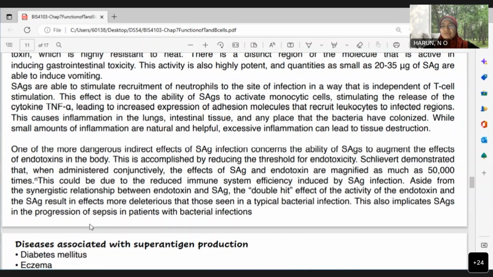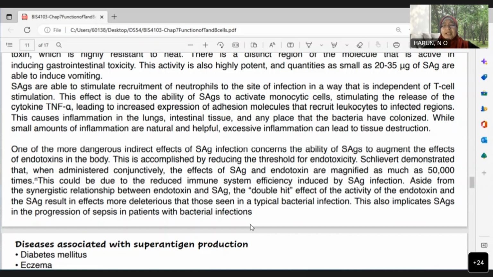So it can do several thousand fold in our body without showing any physical symptoms. This could be due to the reduced immune system efficiency induced by the SAG infection. Aside from that, the synergistic relationship between endotoxin and SAG causes a double hit effect, resulting in effects more deleterious than those seen in a typical bacterial infection.